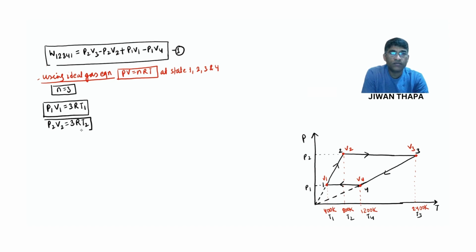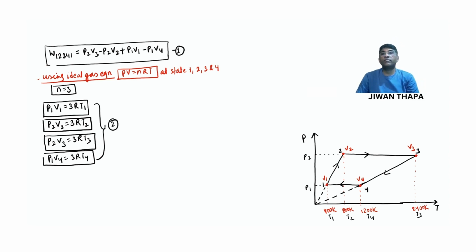For state 3, the pressure is P2, so P2 V3 equals 3 times RT3. And for state 4, the pressure is P1, so P1 V4 equals 3 times RT4. Let us call these equations collectively equation 2.